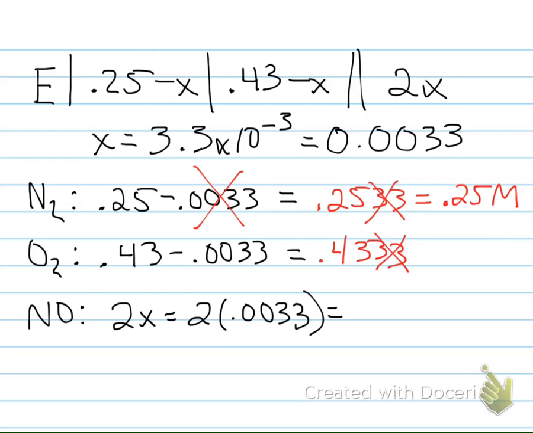So we can just say that this would equal 0.25 molar, 0.43 molar, and then this one on the bottom, we do get a value of 6.6 times 10 to the negative third, or 0.0066 molar.